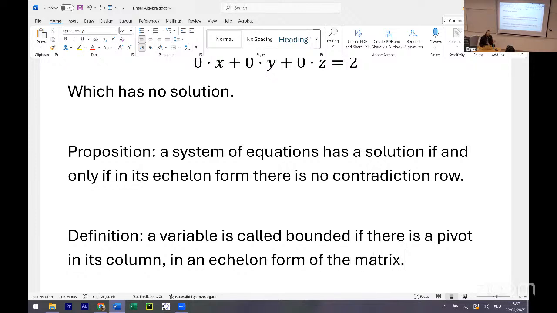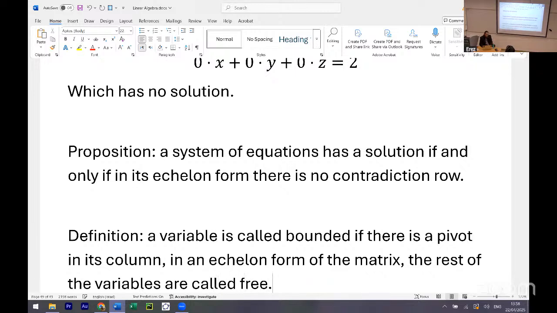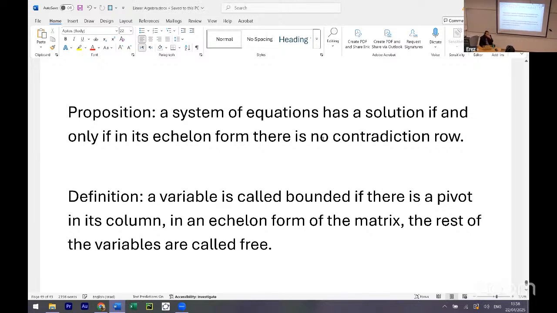In the original matrix, it has nothing to do with anything. But in the echelon form, a variable which has a pivot in its column is called bounded. The rest of the variables are called free or unbounded, whatever. Free variables, unbounded variables. In Hebrew, it's talui and chofshi.